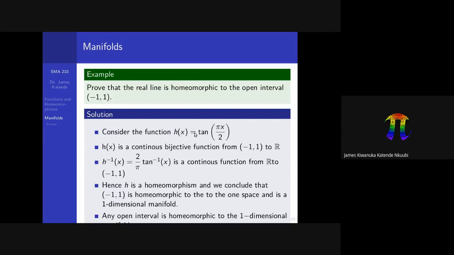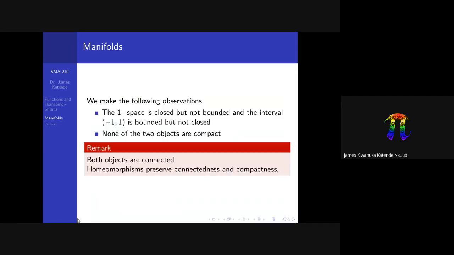This is a continuous function. I have not included the graph of this; I will include it before I release the slides, so that you can see that it's a continuous function. And it is also bijective. Again, from the graph, you should be able to see. But you know how to draw the graphs.